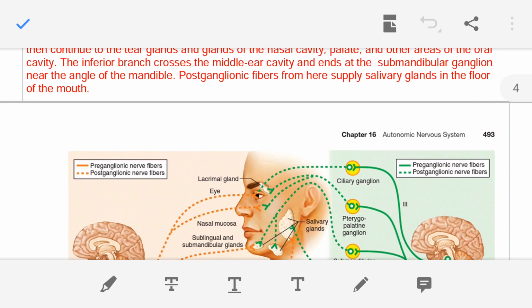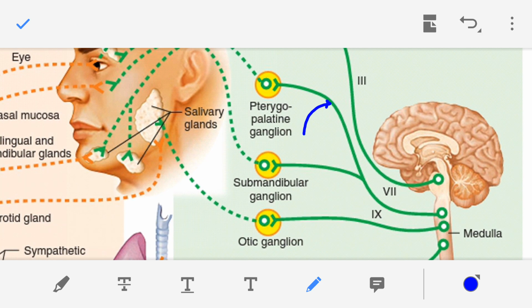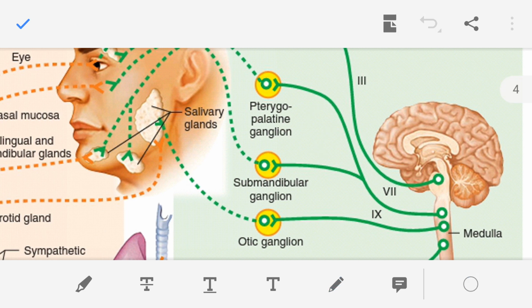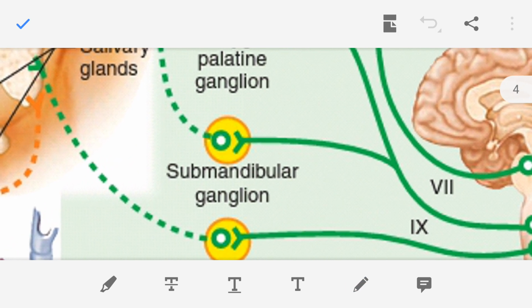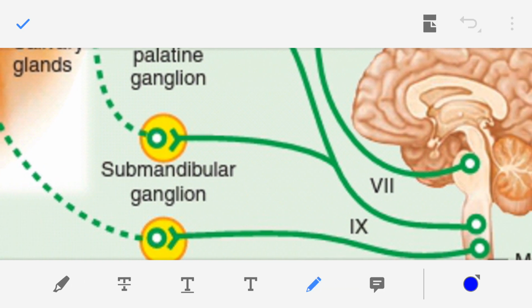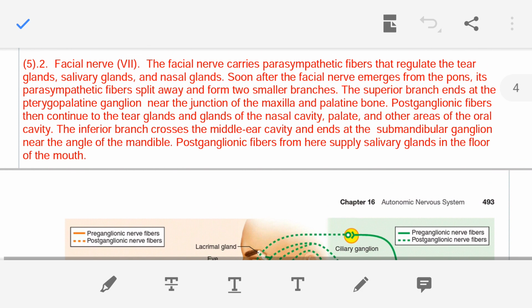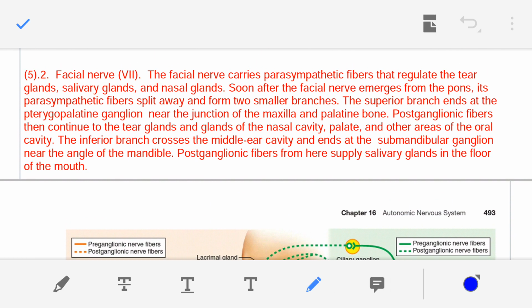Now the inferior branch. This was the superior branch and this is the inferior branch of the facial nerve. Here you first see the facial nerve, it was bifurcated, this is the superior branch, this is the inferior branch. Now we are discussing the inferior branch.